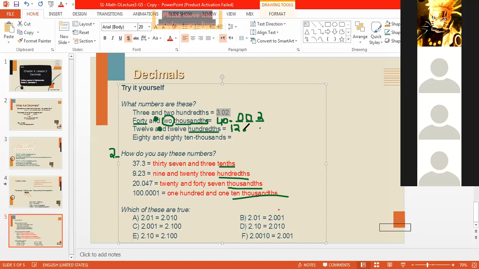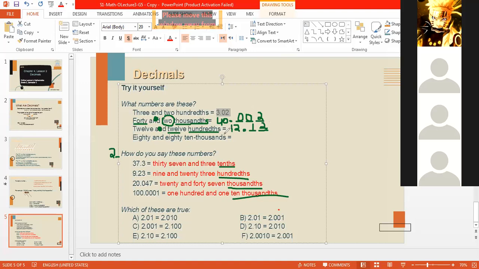So how many digits do I have? 2. So how many dashes? 2 dashes. And I have 12. How do I put 12? 1, 2. There are no empty places. Agreed?